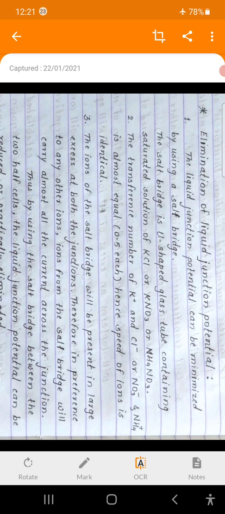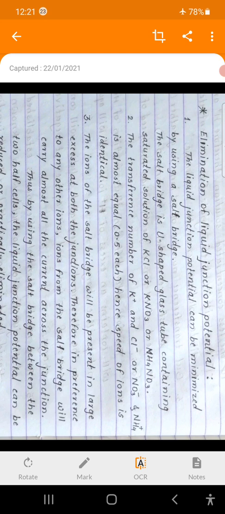What is a salt bridge? A salt bridge is a U-shaped glass tube containing a saturated solution of KCl or KNO3 or NH4NO3. Why are only these salts used for preparing a salt bridge? Why not other salts?